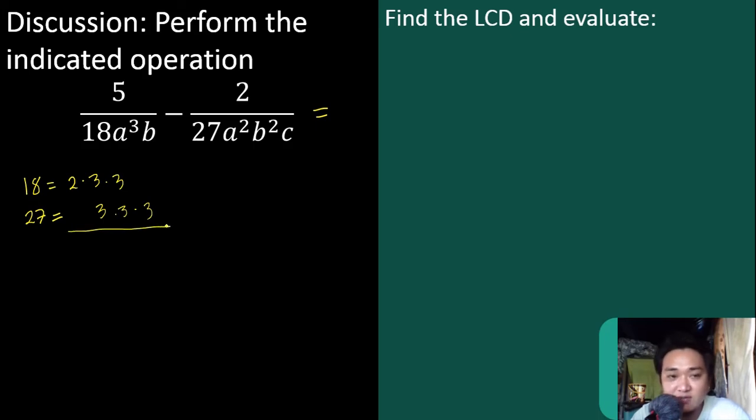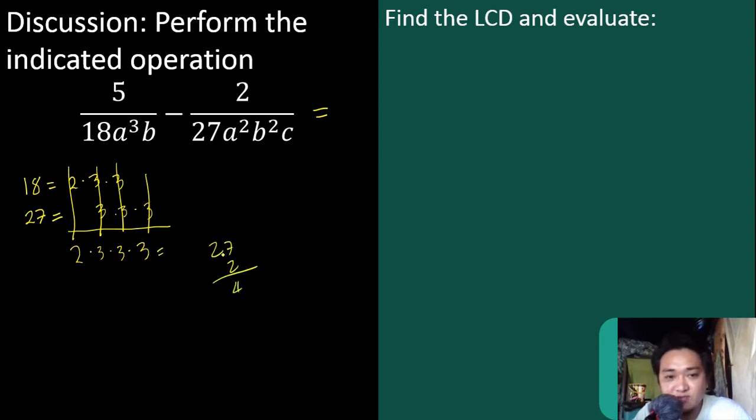Now, what we will do is bring down the ones that are aligned, together with those that have no match. So, bring down this, this, and this. So, you have 2 times 3 times 3 times 3. That is the same as 27 times 2, that is 54.